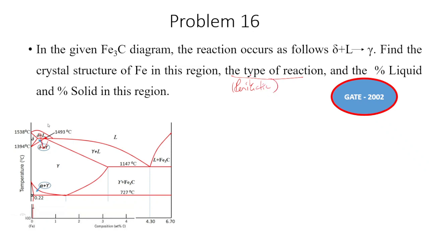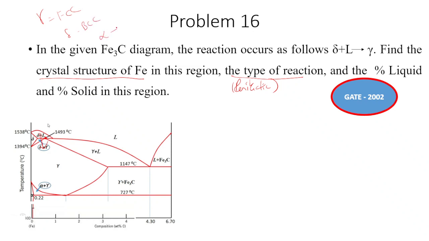Does anyone know the crystal structure of iron at this particular region? In gamma, it is FCC. And in delta, it is BCC.